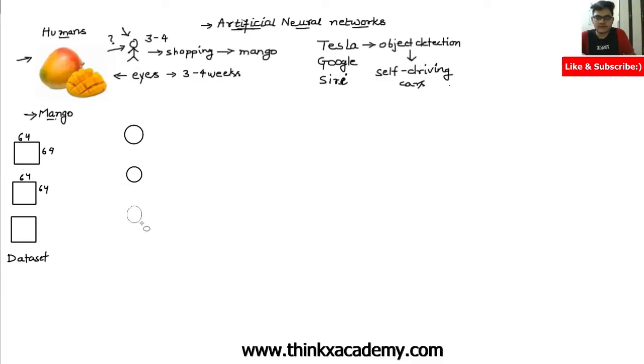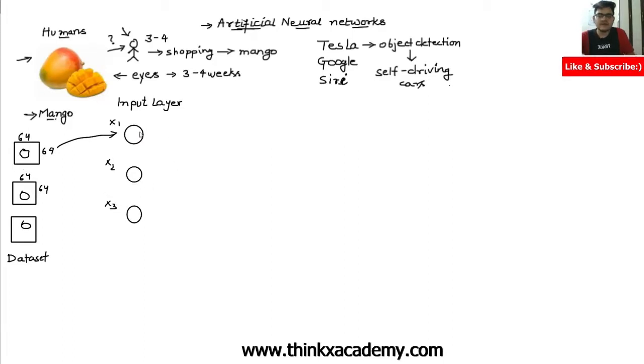Let's say we have three nodes. In the neural network we have this first layer where we will pass all the images. These are basically images of mango, and we will pass these images as a vector or as a matrix, in the pixel form, to this input layer as x1, x2, x3, right?